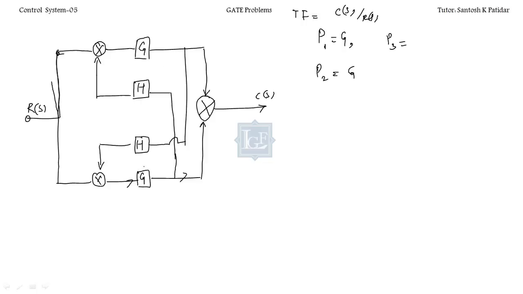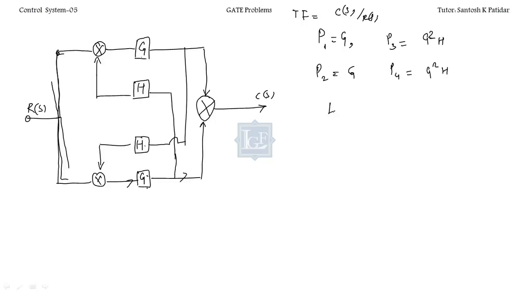So you are getting G square H. Let's come to P4. Yes, P4 also you have. You will start your journey at this point, go like this, and like this, ending over here. So again you are getting G H G, which is G square H. So you have only 4 paths.